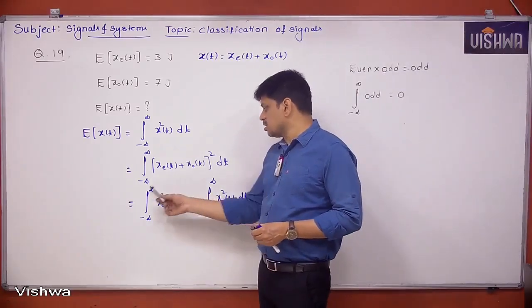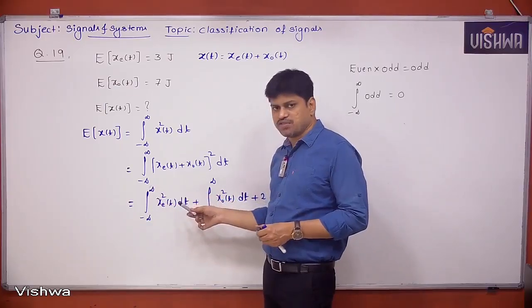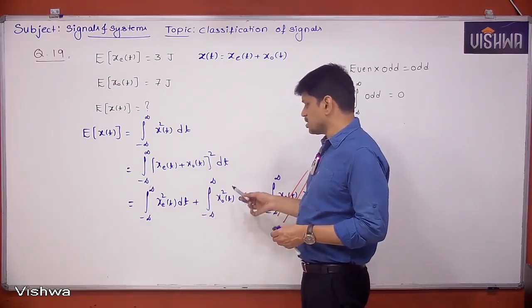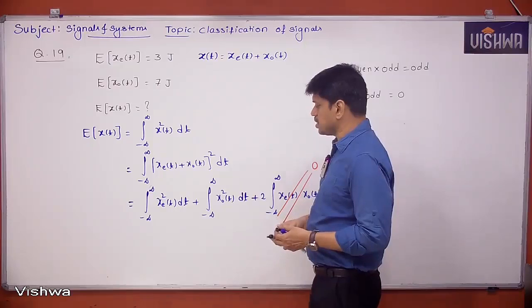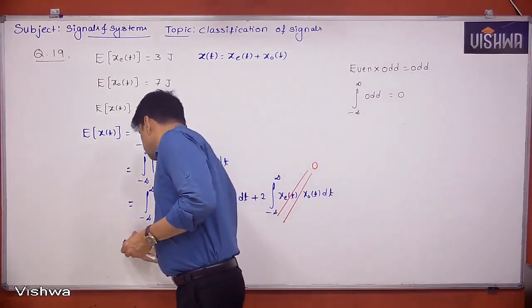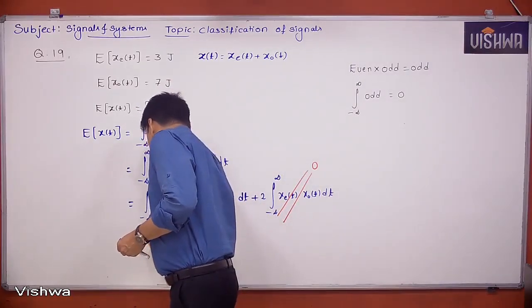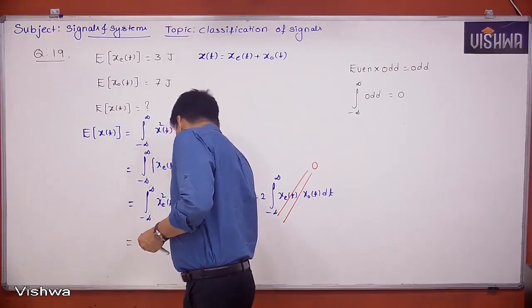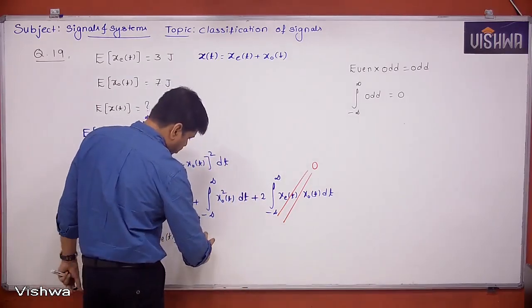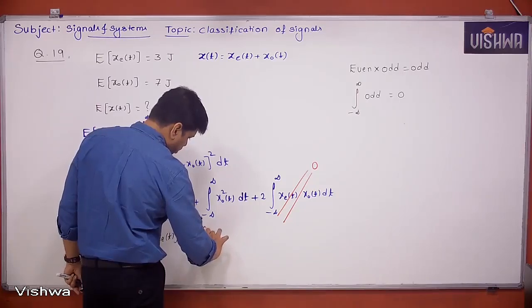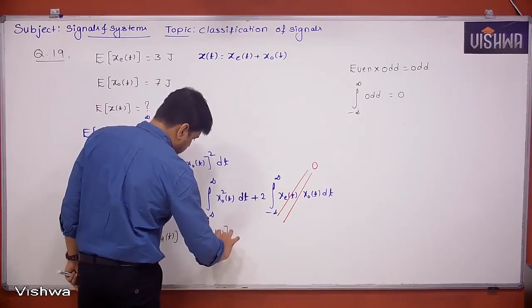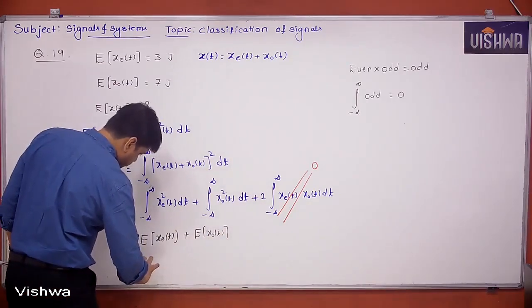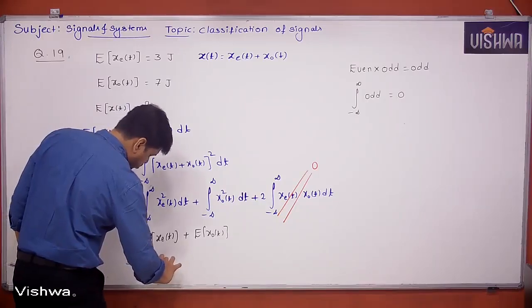In this expression, this integral indicates the energy of the even part, and this integral indicates the energy of the odd part. So I can say simply, this is nothing but energy of x even part of t plus energy of x odd part of t, which is 3 plus 7, that is 10 joules.